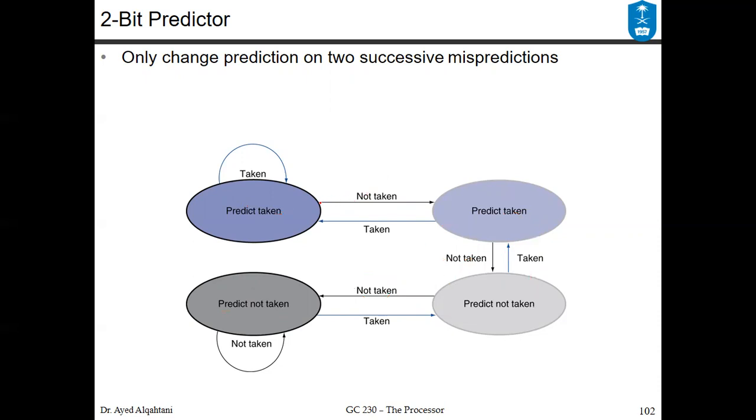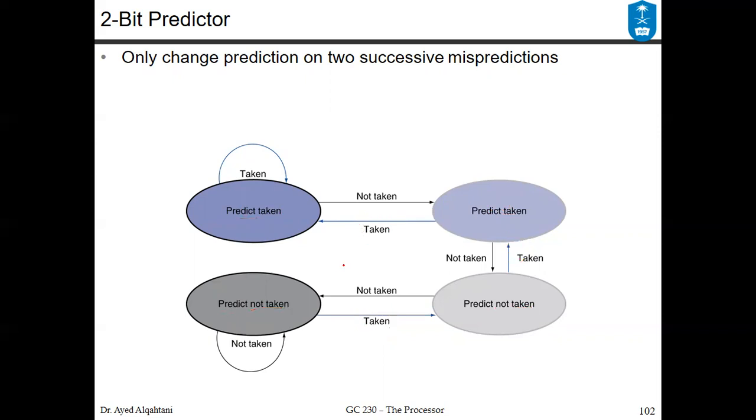So note, we talked about these black arrows. For the blue, it's the same. If you predict not taken and the actual doesn't match, you go to the weak not taken. Again, if it doesn't match, then you go to the weak taken. And at this point, if it is taken, then this is good news, and you go to the strong taken.